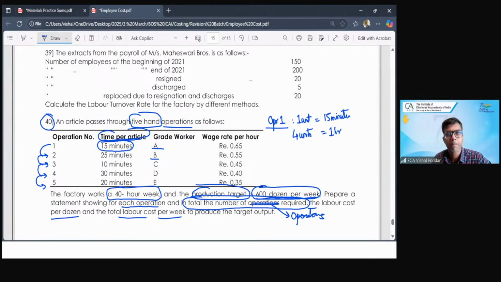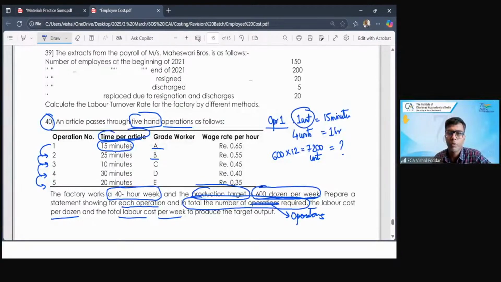Correct? Now, how many units I have to produce? I have to produce 600 dozen. So 600 into 12. Students, read questions minutely. So it becomes 7,200 units. How many hours? This is the question.